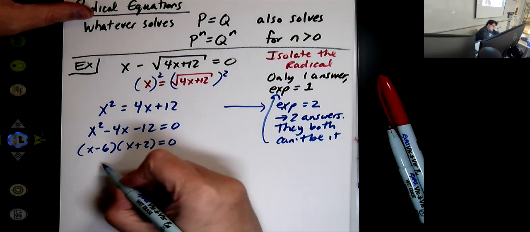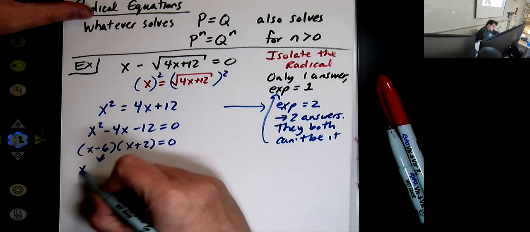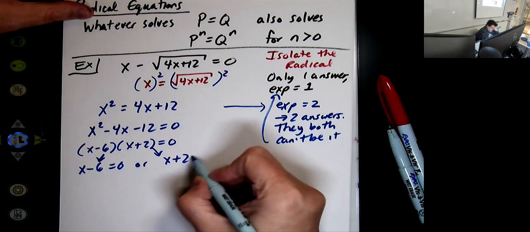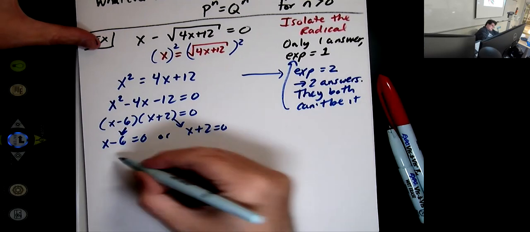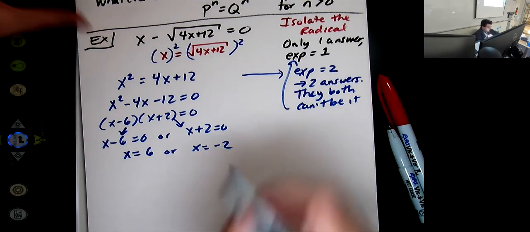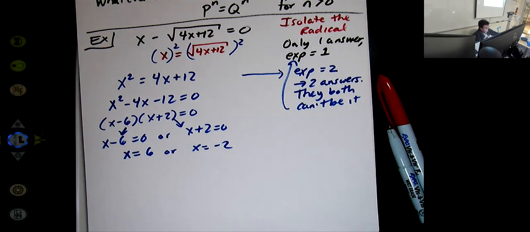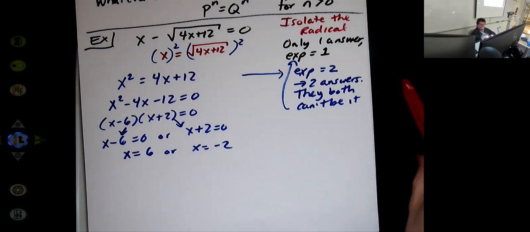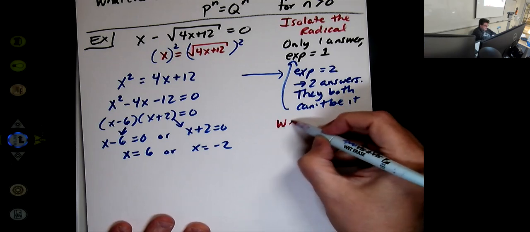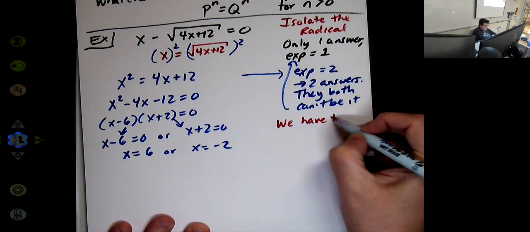Yeah, and if I set each of these equal to 0, I get x equals 6 or x equals -2. Since they both can't be the answer, we have to check these in the original equation.